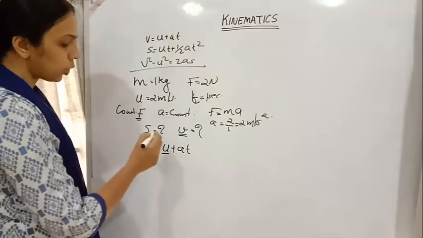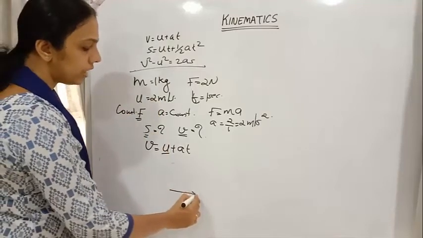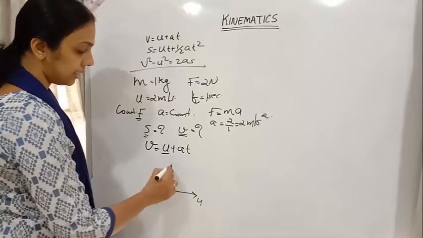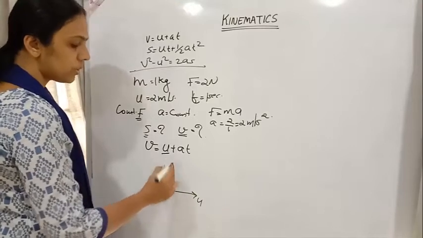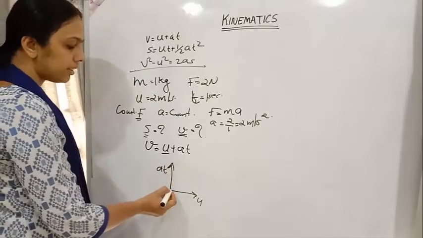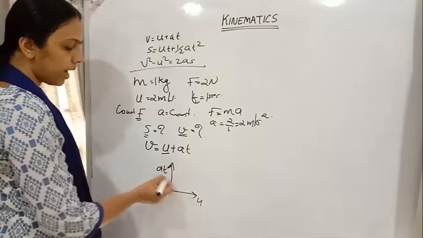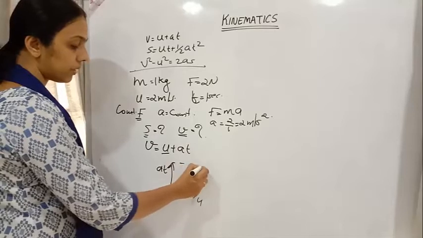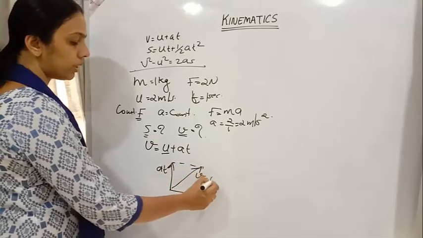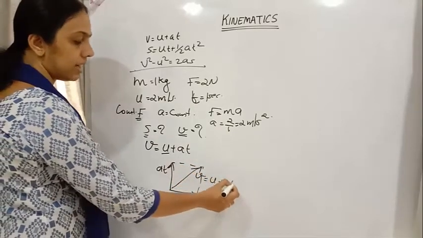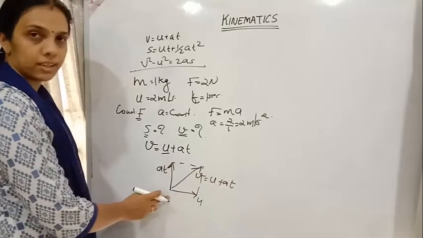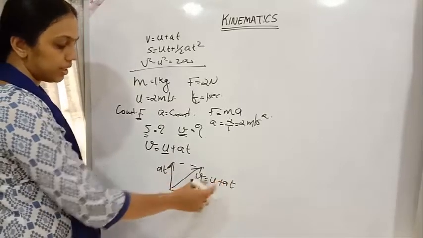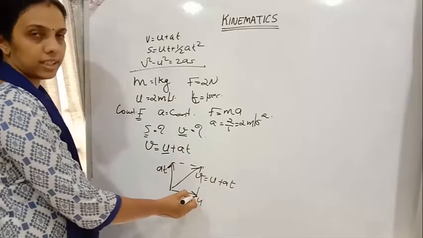If I draw a graph between the initial velocity u and at, then this vector will give you v equals u plus at by the parallelogram method. U plus at will be here, where you take the vector addition.